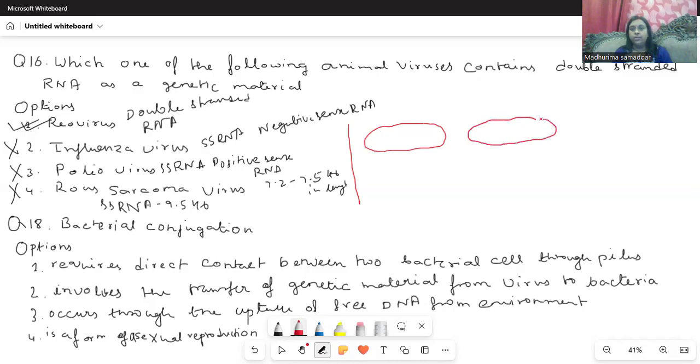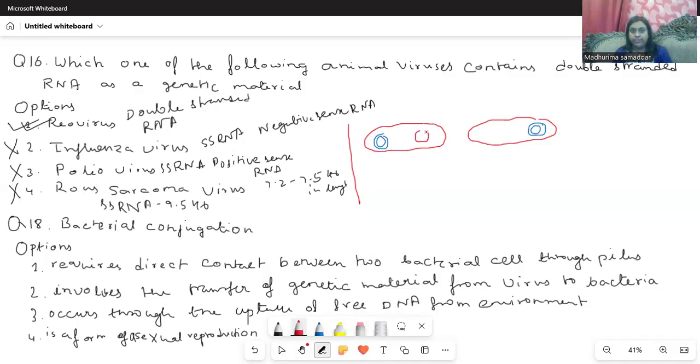The first bacterial cell will have its chromosome, and the other one is also having a chromosome. Now the first one is having an F factor or F plasmid.